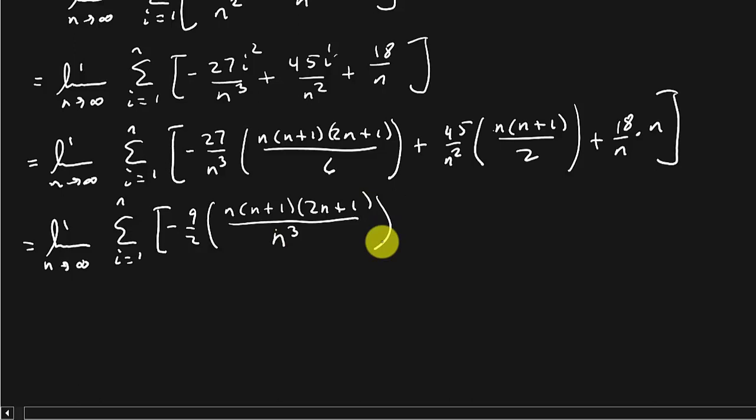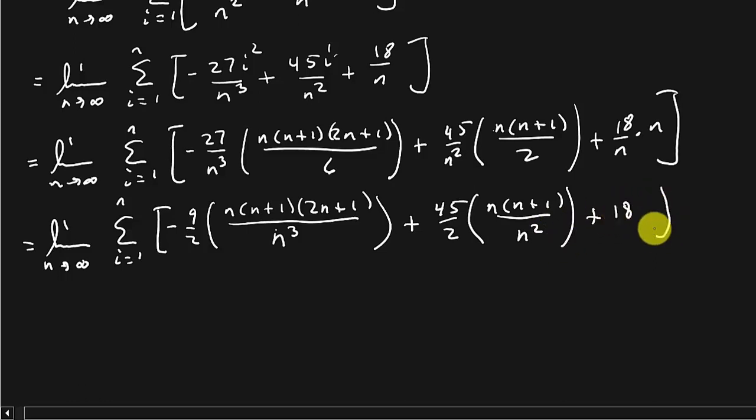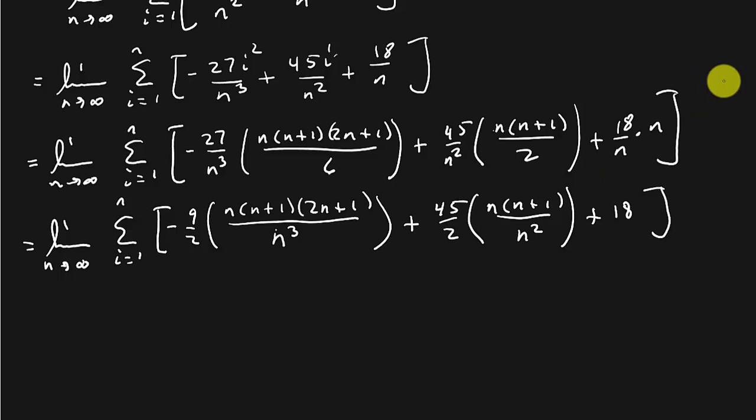Well, I brought the n cubed over here with all these n terms, and I brought the 6 out here, and 27 over 6 is 9/2. And then I'm going to do the same thing here. So that's going to be plus 45 over 2 times n plus 1 over n squared. And then here, this is just plus 18. The n's actually cancel out. And there you go. Now we can calculate the limit.